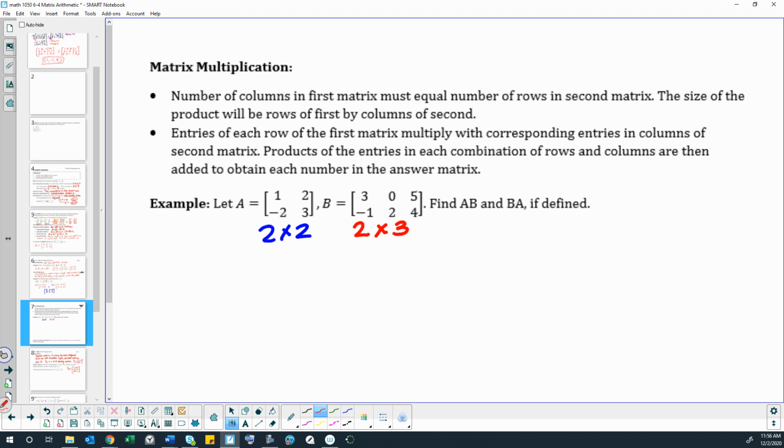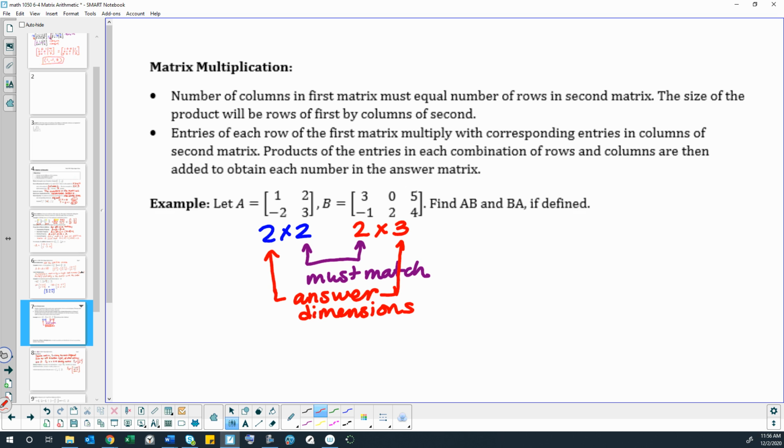So these two numbers right here must match, and these two numbers right here are the dimensions of the answer. That's what that first bullet point says.